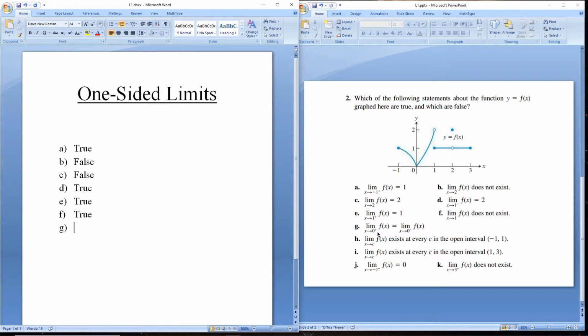G is asking, at 0, does the right-sided limit, approaching from the right, equal approaching from the left? And so if we look at 0, if we approach from the left, we'll be at a height of 0. And if we approach from the right, we will also be at a height of 0. And so these two limits do equal. And so that's true.